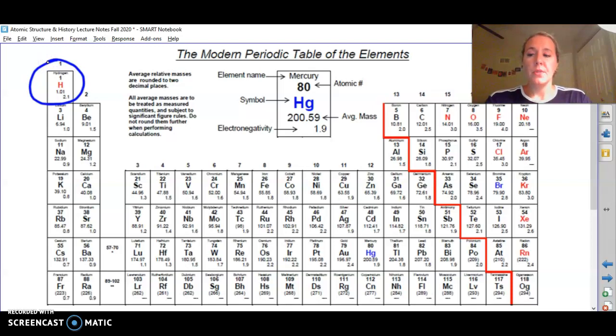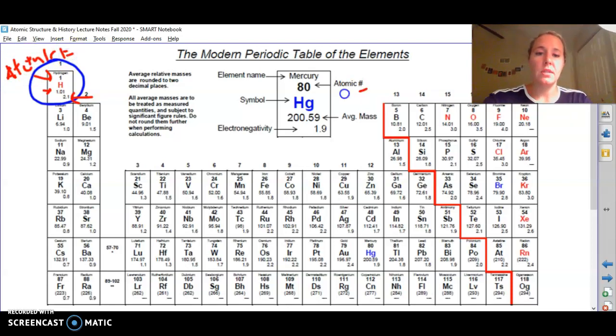You've got a few different numbers, the one above it, this 1.01, and this 2.1. It's important to know what you should and shouldn't look for when you are getting information from the periodic table. The number at the top, the 1, is the number of protons. It's the atomic number.